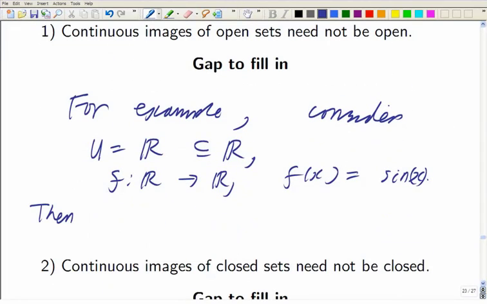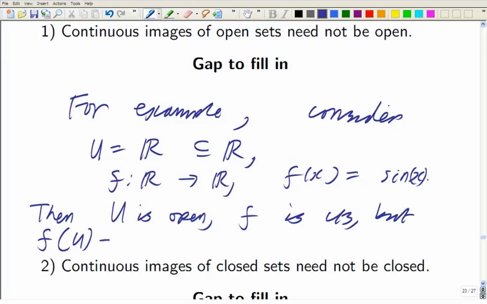Then U is open. f is continuous. But f of U equals f of R.